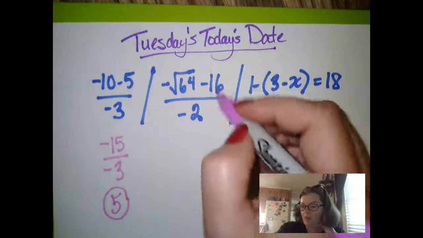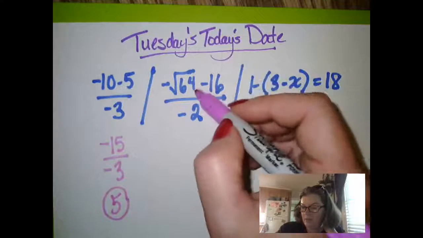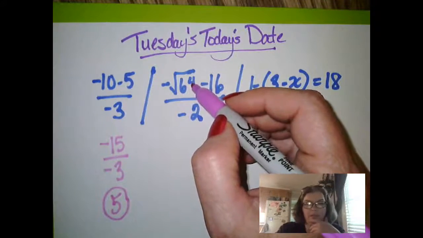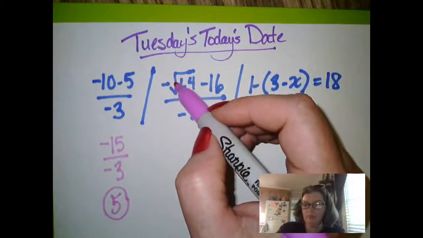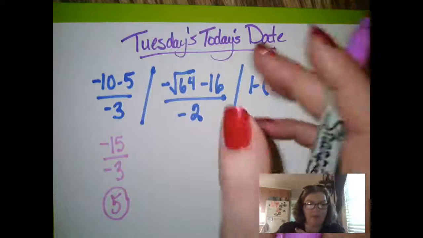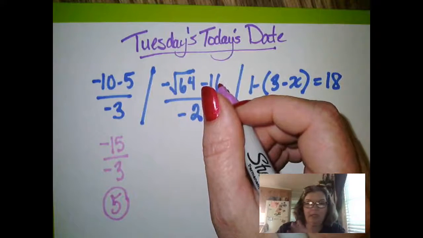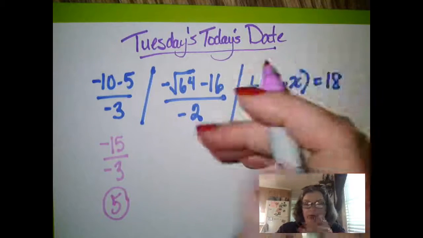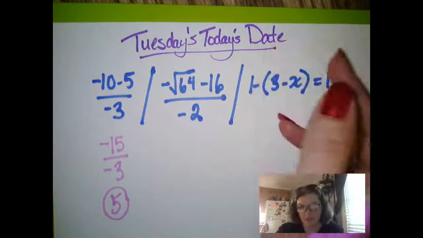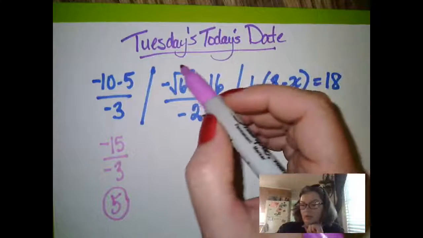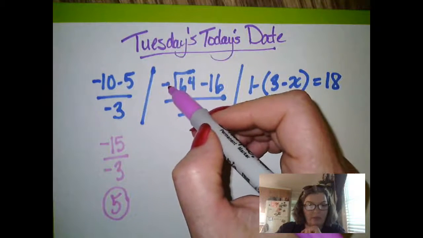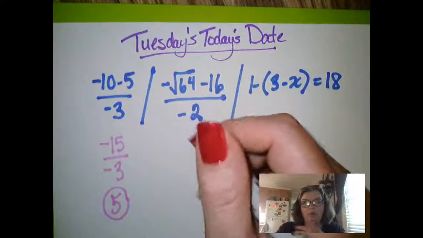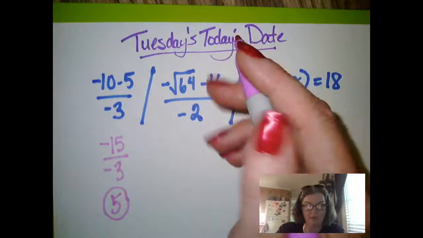Alright, for our day, let's look at this square root of 64. Most of the square roots that you guys have seen, you've just written as positives. Well, technically, square roots have both a negative and a positive answer. If you don't see a sign in front of the square root symbol, they're looking for the positive square root.